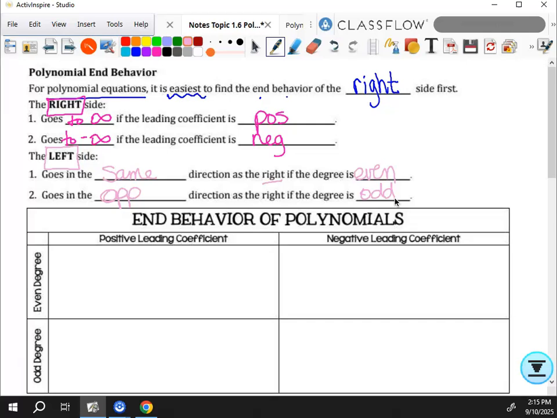Okay? The key to a lot of things in life, and especially in math, is consistency. So if you always check the right side first and then check the left side, everything will make a lot more sense to you. Also, somebody asked me, because as we write the limit statements I was writing the negative infinity first, then the positive infinity, does it always have to be that way?